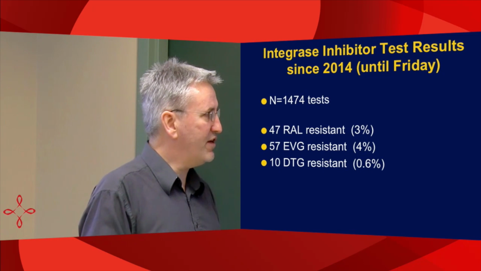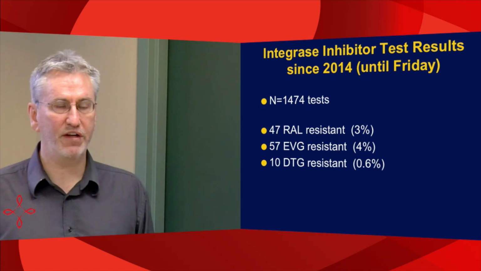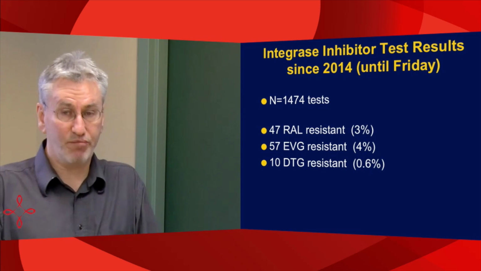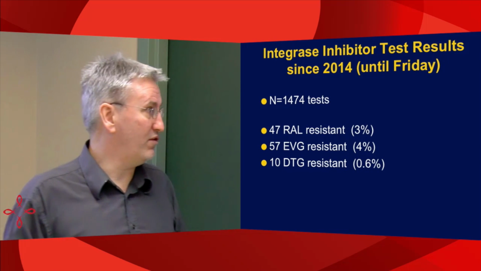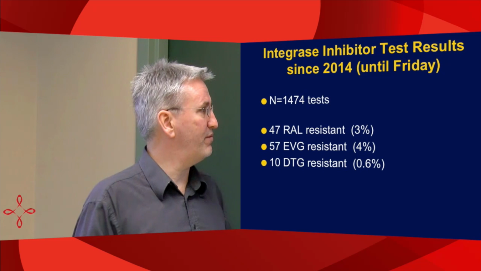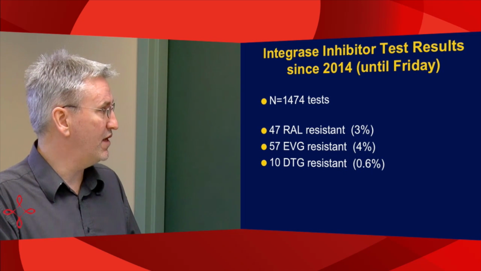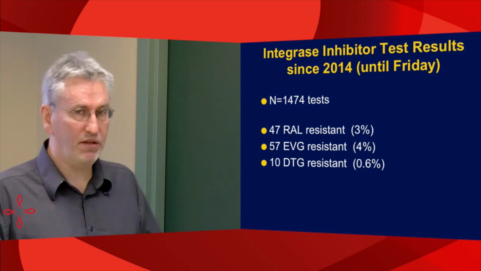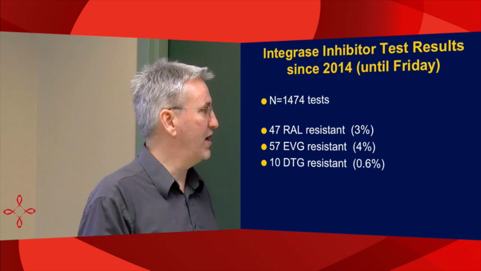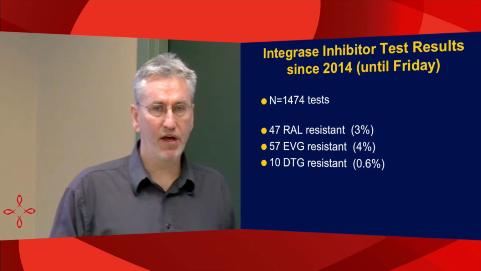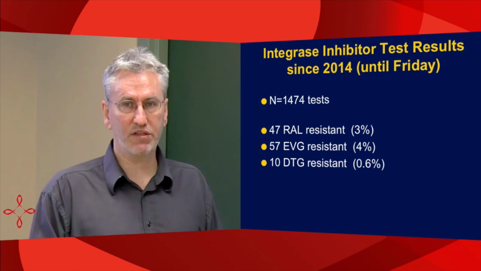About 57 out of these 1,500 had dolutegravir resistance. So I think, surprisingly, it looks like it's even easier to pick up dolutegravir resistance than raltegravir resistance, at a lower level, but still actually a not insignificant number of folks that we believe have dolutegravir resistance.